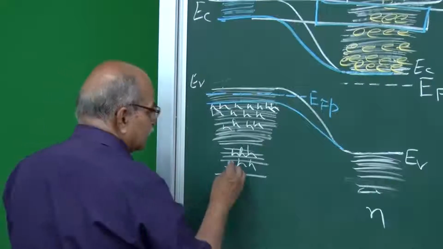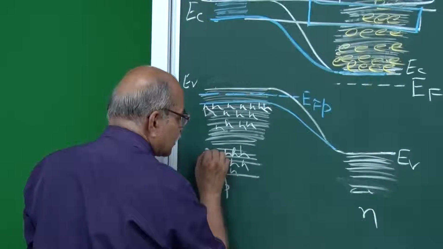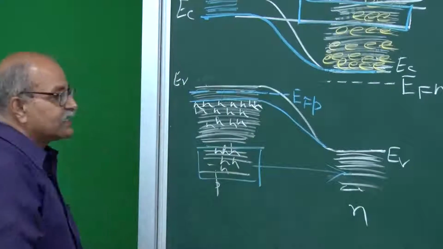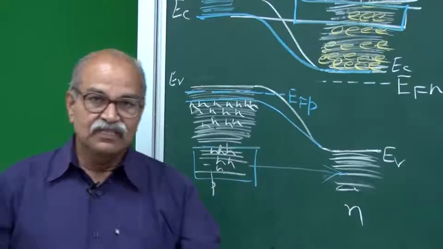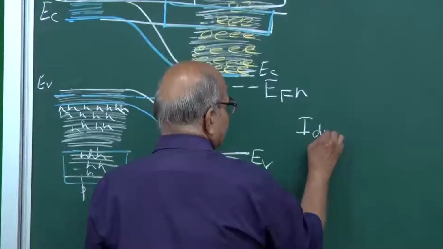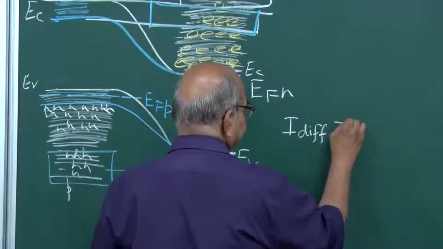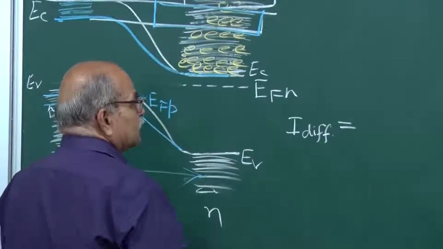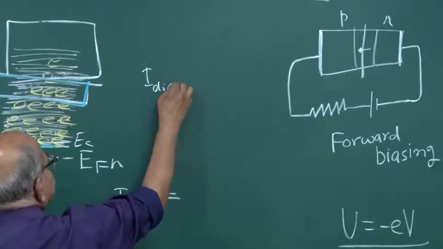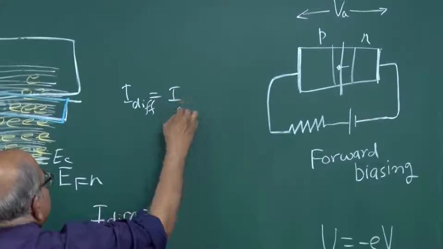So you have extra holes which can diffuse, which will find quantum states here, and therefore the diffusion current I diffusion increases. So in the absence of the cell, you had I diffusion equal to I drift.